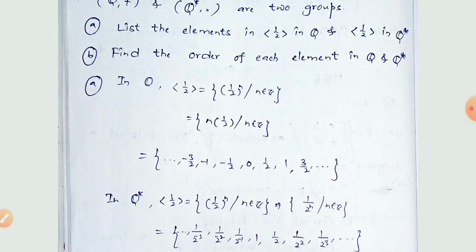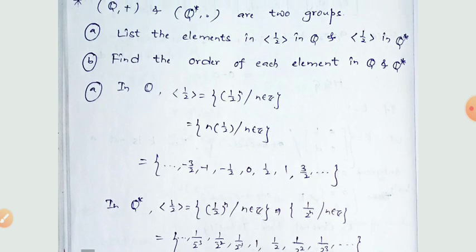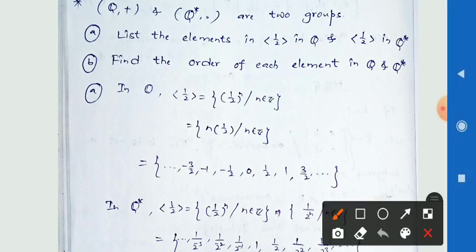The subgroup generated by 1/2 is the set n into 1/2 such that n belongs to Z. Here (Q, +) is a group, and addition is the binary operation, so for this operation I take n times 1/2 such that n belongs to Z.